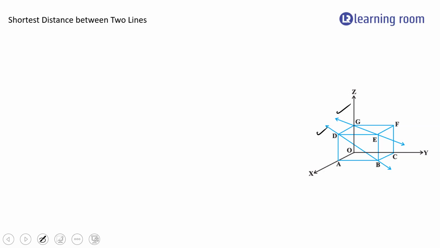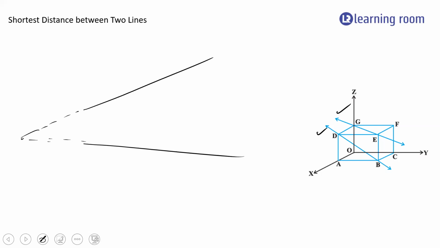That's the trickiest part here. When we discuss a two-dimensional plane, we know that two lines which are not parallel to each other definitely intersect at some point. That's what Euclid's geometry tells us.